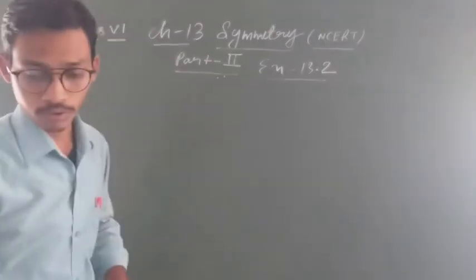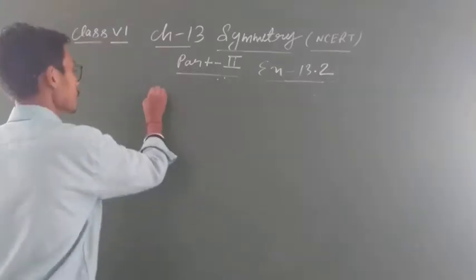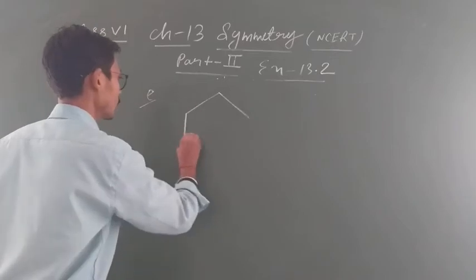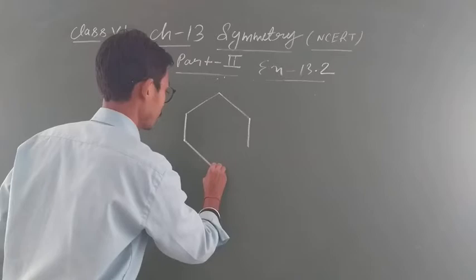Let's see another diagram, students. A hexagon is given, question number E; that was question number C, that was question E. See 1, 2, 3, 4, 5 and 6.